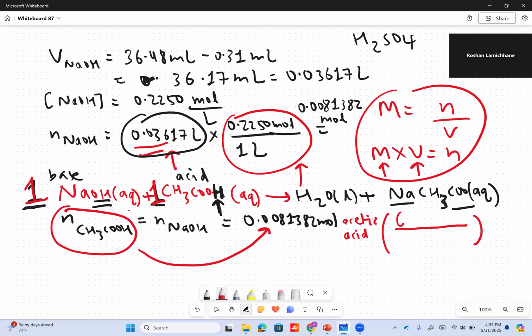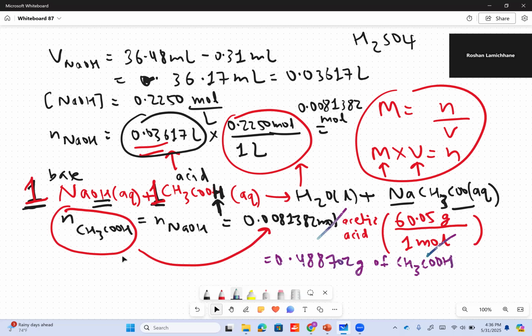Acetic acid CH3COOH has a molar mass of 60.05 grams in 1 mole. If I set it up this way, the mole and mole of acetic acid cancels out. If I multiply these two numbers, I end up with 0.488702 gram of CH3COOH or acetic acid.